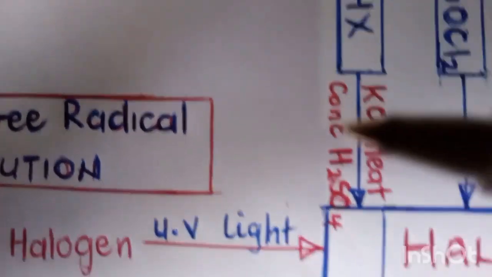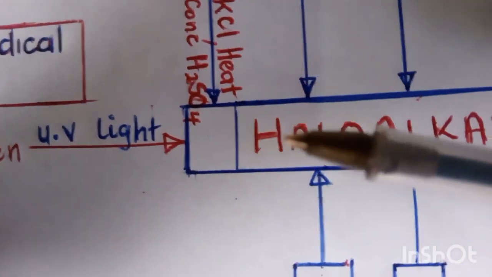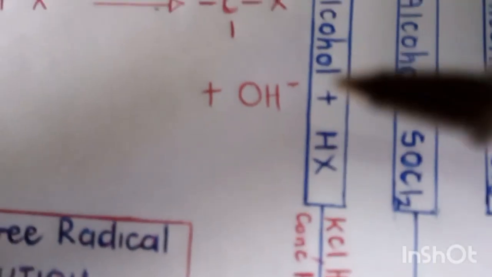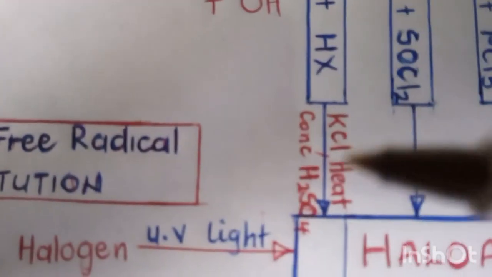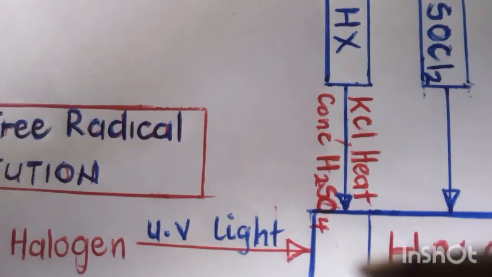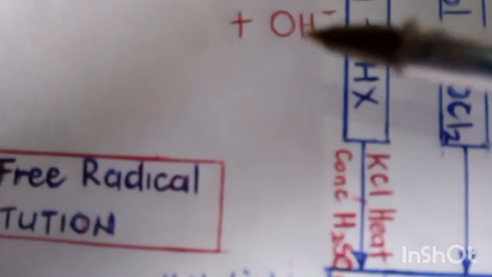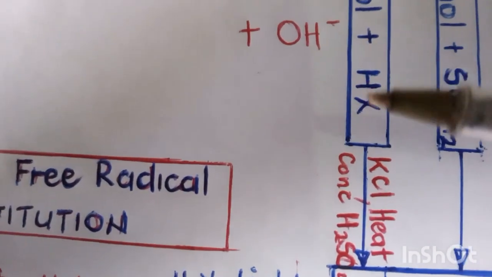So, say for example, we want to form a chloroalkane, we take potassium chloride, which contains the halogen atom that is needed to substitute the OH. So the potassium chloride is then reacted with sulfuric acid, and this will give hydrogen chloride.